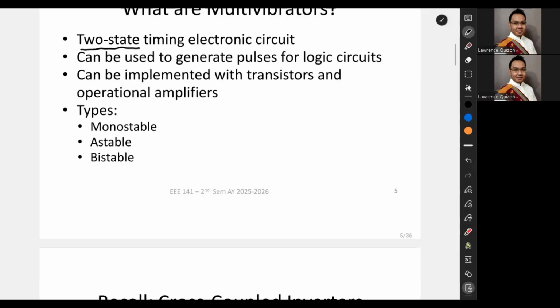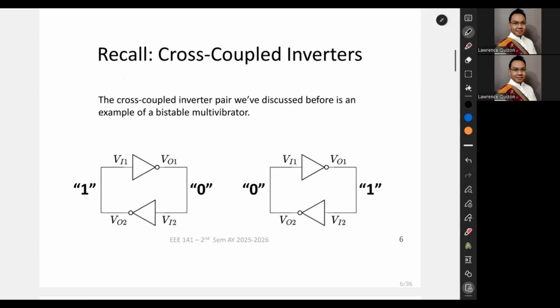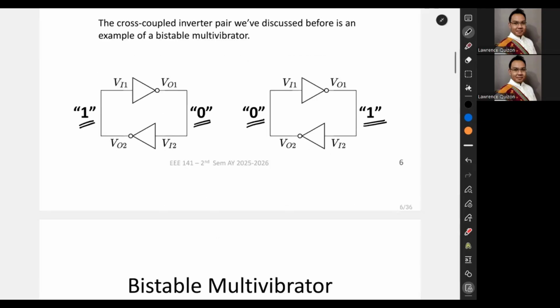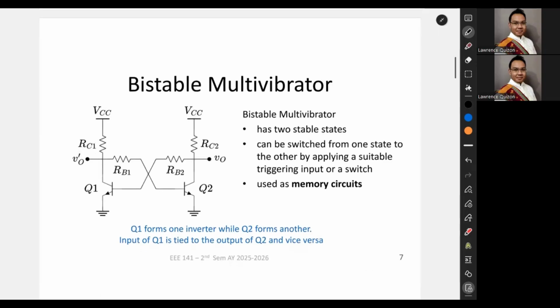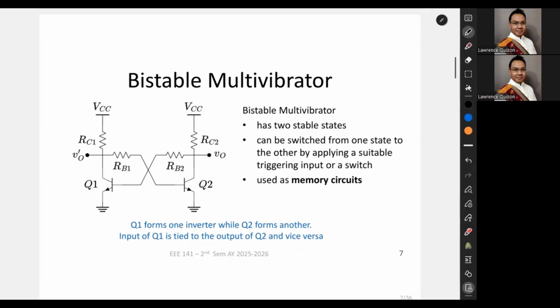The cross-coupled inverter pair we've discussed before is an example of a bistable multivibrator because it's stable in a state that has 1 at the left and 0 at the right, or 0 at the left and 1 at the right. So, let's discuss a rudimentary version of a bistable multivibrator.